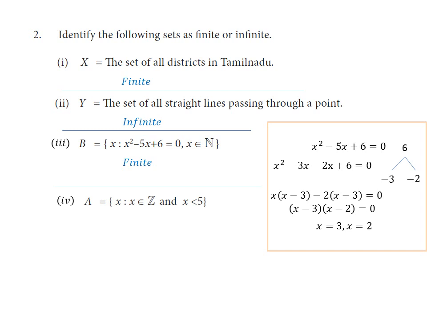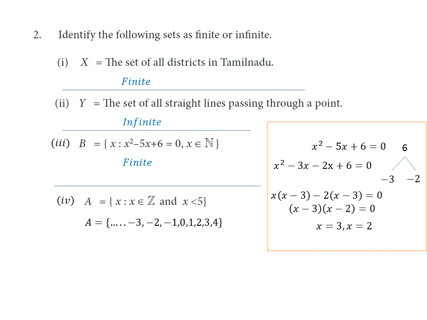A is equal to the set of all x such that x belongs to Z. Z means integers. So you know what integers are? They have positive and negative values, and x less than 5. So the set A is equal to ... because we don't know the starting point. So minus 3, minus 2, minus 1, 0, 1, 2, 3, 4, because x value is less than 5.